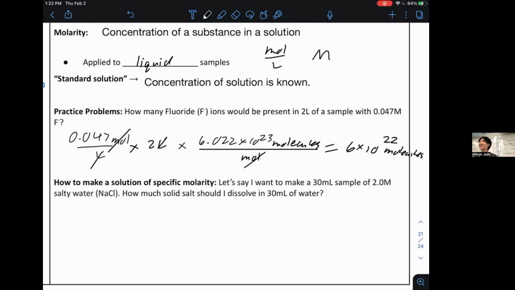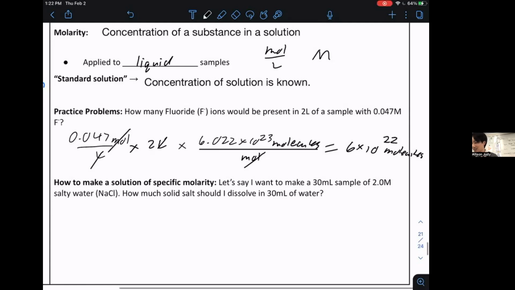Avogadro's number is the amount of hydrogen atoms that it takes to make 1 gram, and so it's just like the unit that we use for everything else. They define it based on how many AMU to grams.